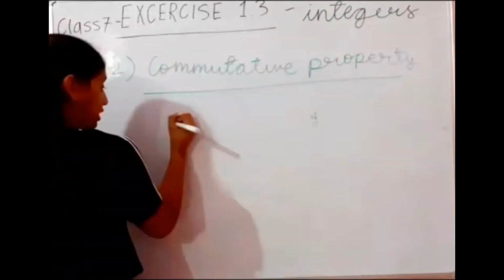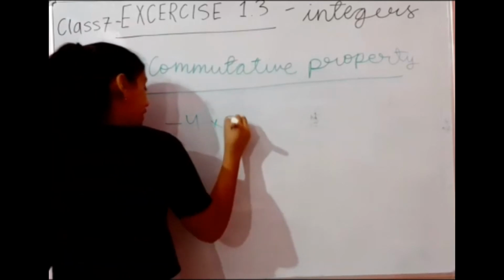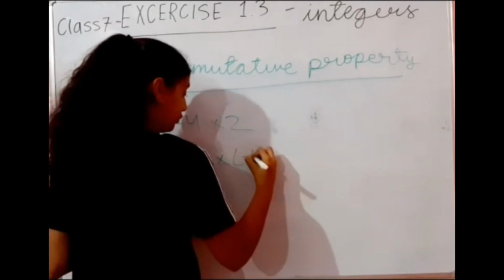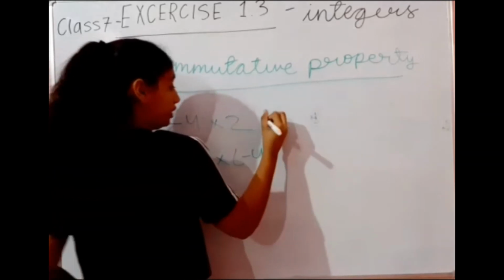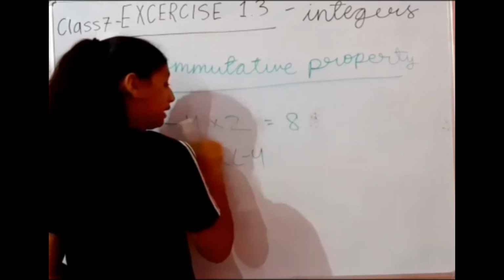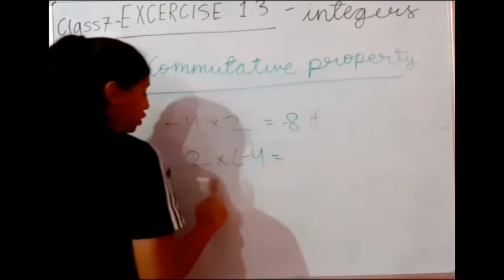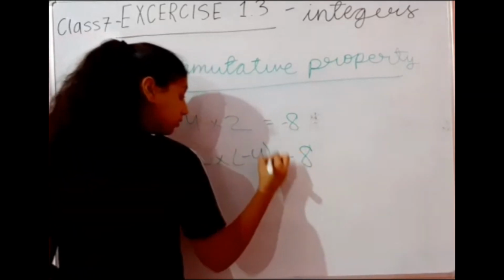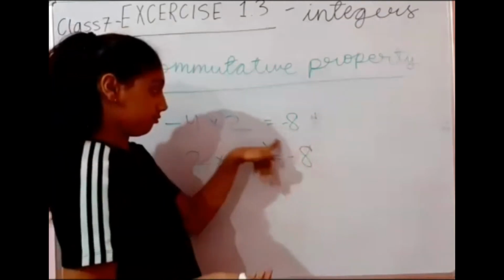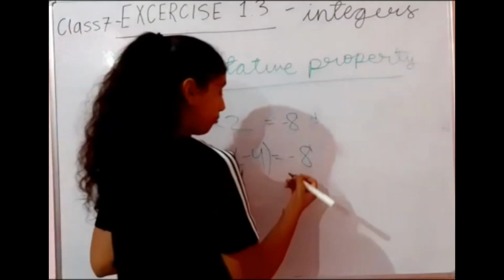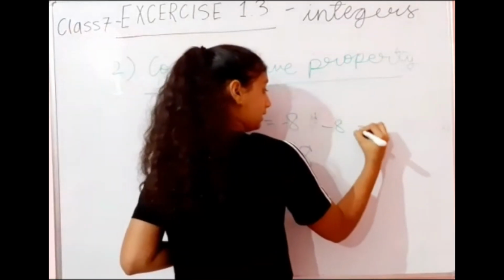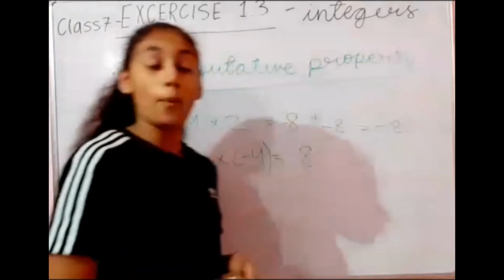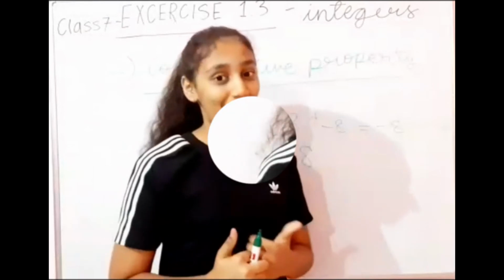Let's check out. Let's verify. Minus 4 into 2 and 2 into minus 4. 4 2s are 8, plus minus minus. 2 4s are 8, plus minus minus. Our answers are same because minus 8 is equal to minus 8. So the commutative property is also verified.